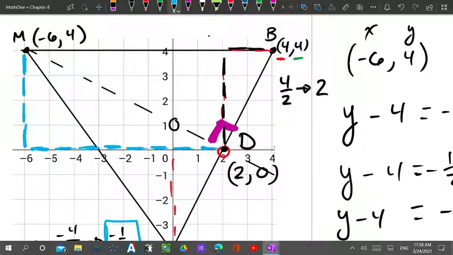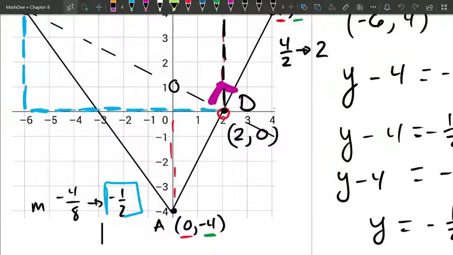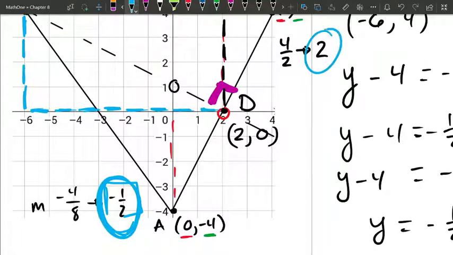If I consider those two values together, because these two slopes are opposite and reciprocals, I know that these lines are forming a right angle. This one's negative and this one's positive, and because they're reciprocals, it has to be the case that these lines are perpendicular.